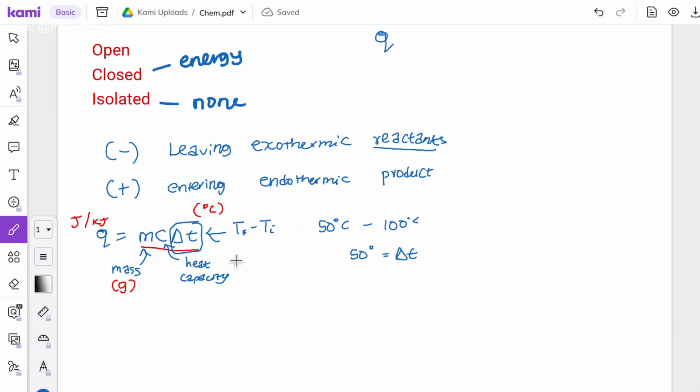And the heat capacity is written as joules divided by grams per Celsius. This works because if you do grams times joules over grams Celsius times Celsius over 1, the grams cancel, the Celsius cancels, and you're left with joules, which is what q is supposed to be in.